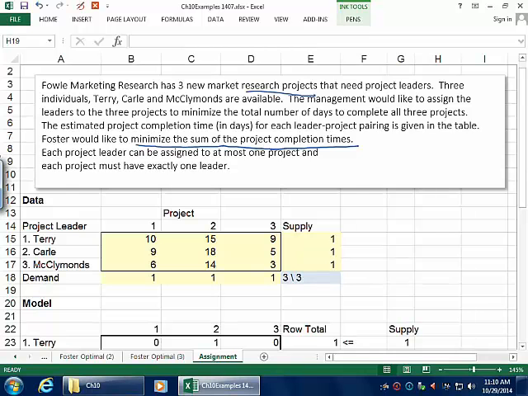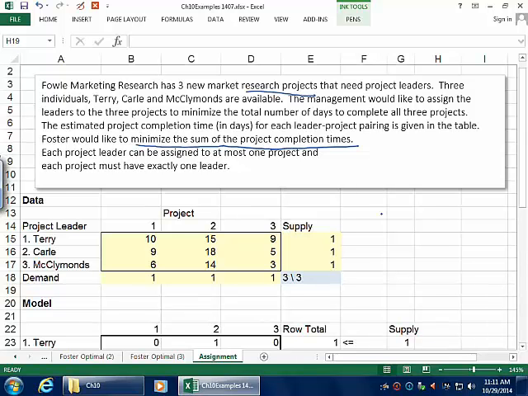The leaders are the origins, and the projects are the destinations. The projects are demanding 1 leader, 1 person, so demand is 1. And each leader can be assigned to at most 1 project, so the supply is 1.